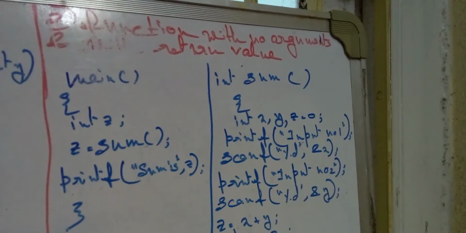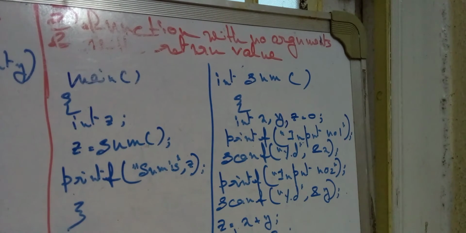where I am not passing any arguments from the main function. So this is the function with no arguments and with return value. In the main function I have taken a variable z which is catching the result of the sum function.